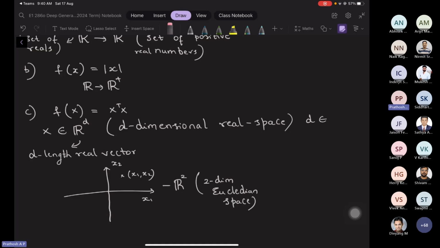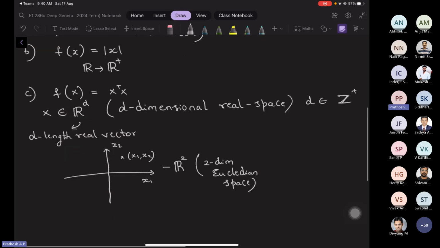Whenever I write this notation, I mean a d-dimensional real space. It is the extension of the two-dimensional Cartesian space that you know of. Points in a d-dimensional real space are simply the vectors in d dimensions. Every point in that space can be represented using a tuple of d real numbers.